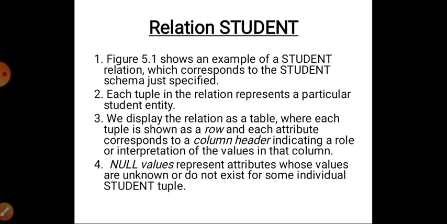We display the relation as a table where each tuple is shown as a row and each attribute corresponds to the column header indicating a role or interpretation of the values in that column. Point number 4. Null values represent attributes whose values are unknown or do not exist for some individual STUDENT tuple.